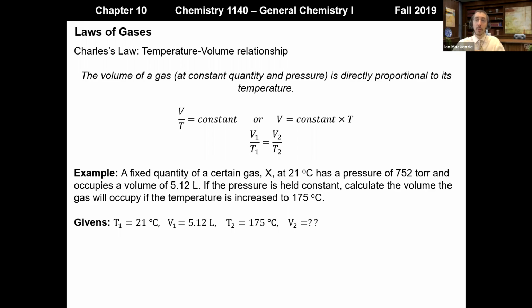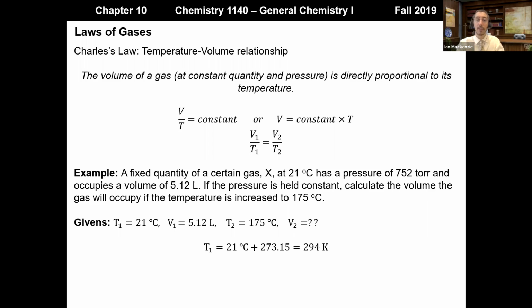The important thing to note here, though, is that our temperature values are not in absolute units. They are currently in Celsius. They must be in Kelvin. We cannot do these calculations unless we convert them to Kelvin first.